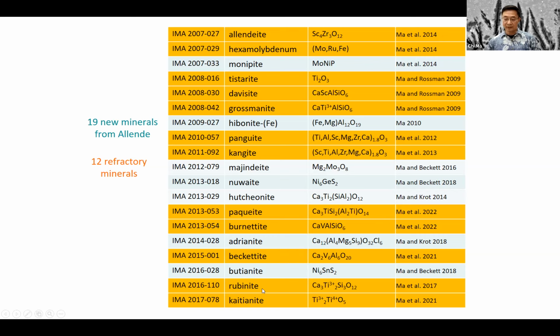Then rubinite is titanium 3+ garnet. Another is a titanium oxide mineral.